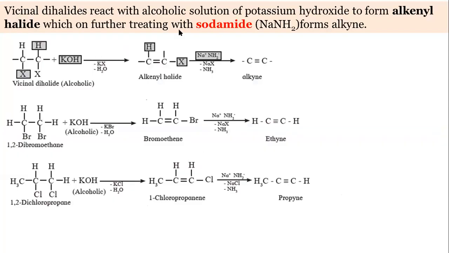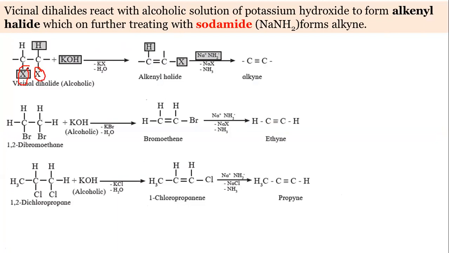Already I explained, vicinal means the two halogens are present on adjacent carbons. Here we can see two X are there. I will show with the red color. See this X, and see this X, two X are there.